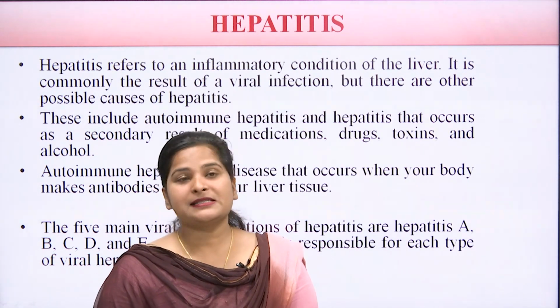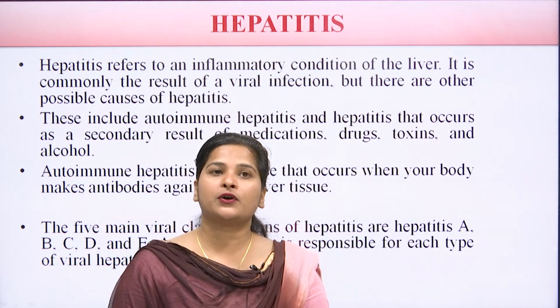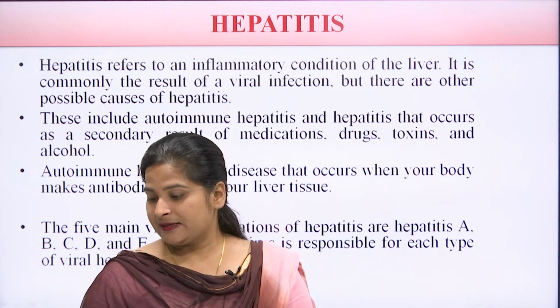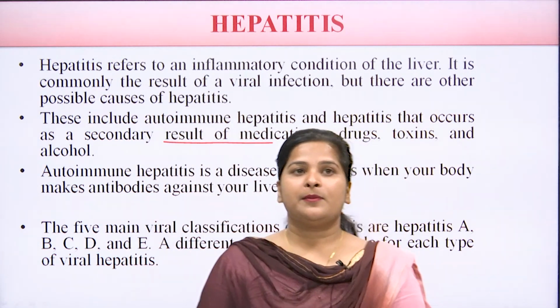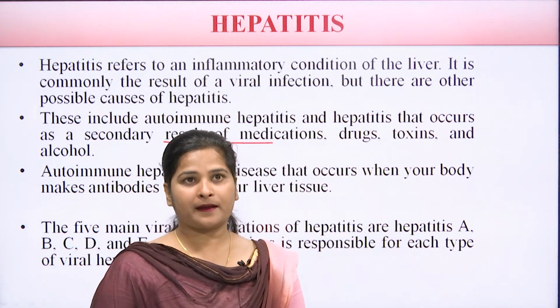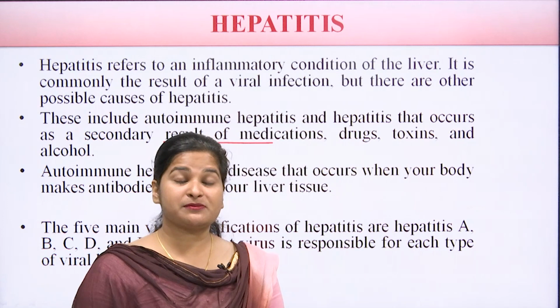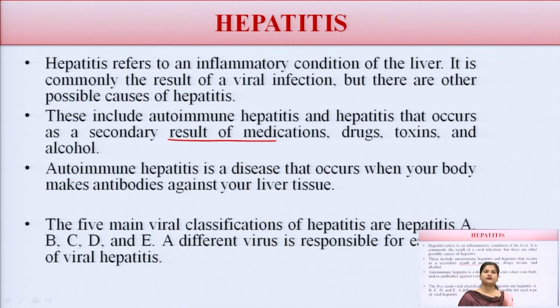Now, this includes autoimmune hepatitis, and it can occur as a secondary result of medications. So, hepatitis may also occur because of the use of different kinds of medicines, drugs, some toxic substances, and excess intake of alcohol.